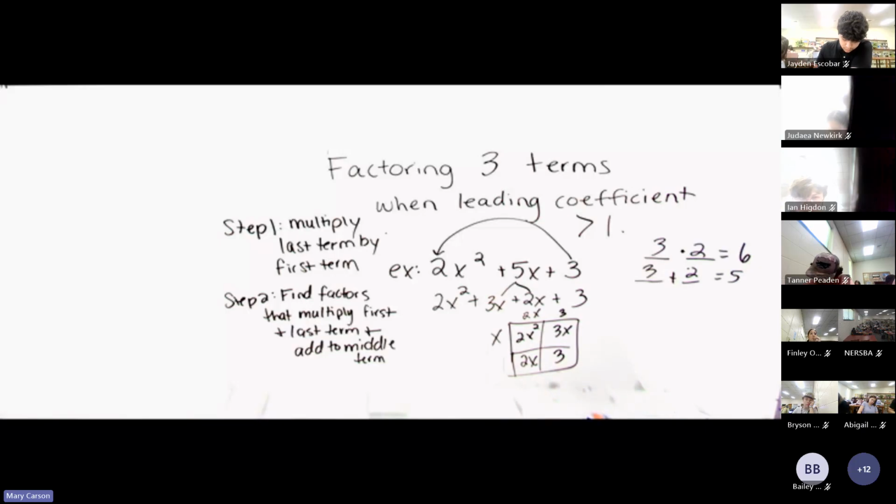And those have just a 1. And so now my factor becomes 2x plus 3 times x plus 1. And if you guys use grouping, you should get the same thing. Questions on this? Have you guys seen this before? I hope, right?